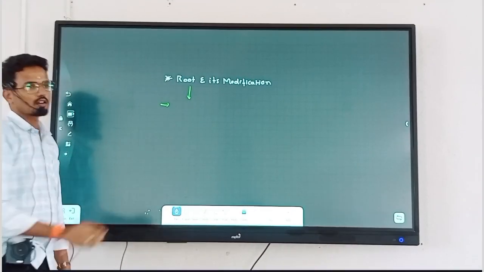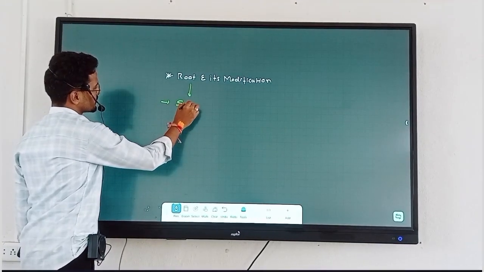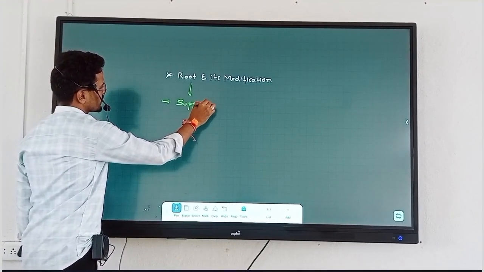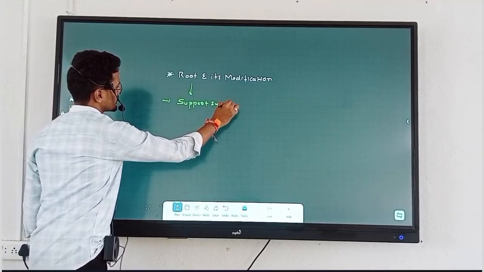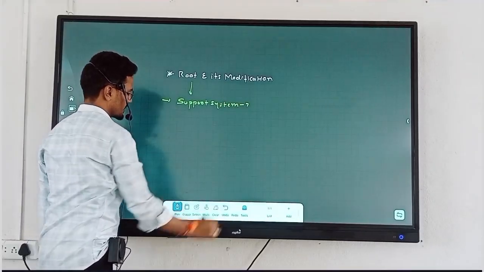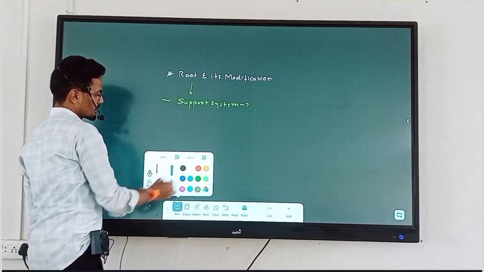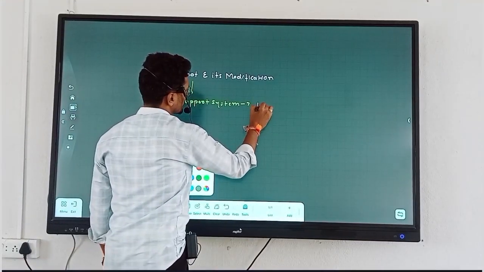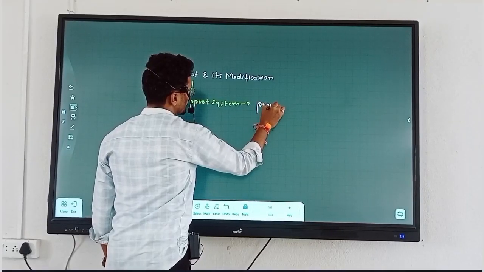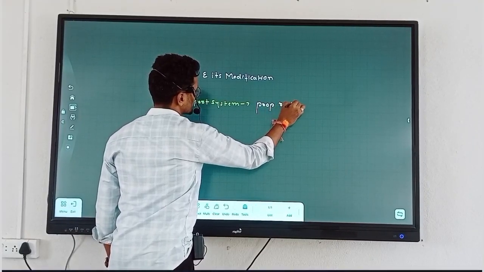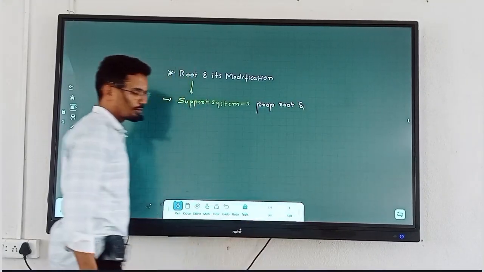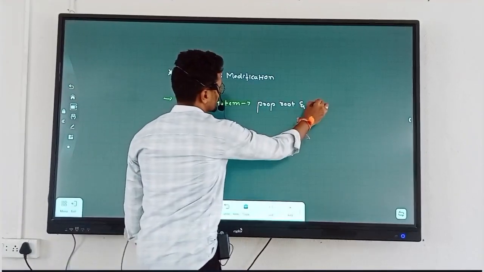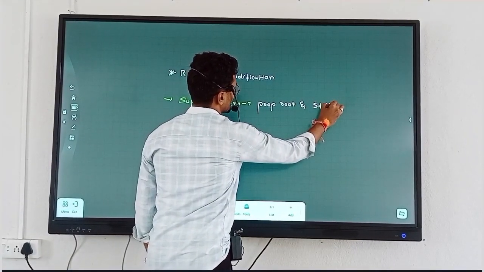One is for the support system: prop root and stilt root.